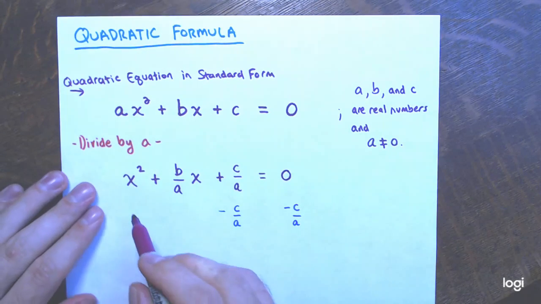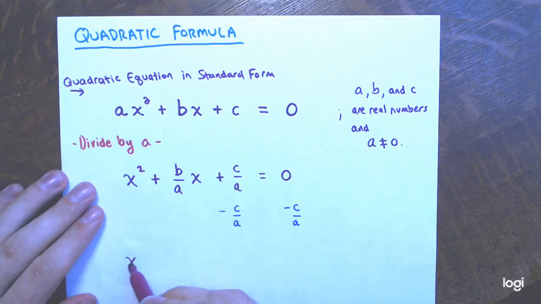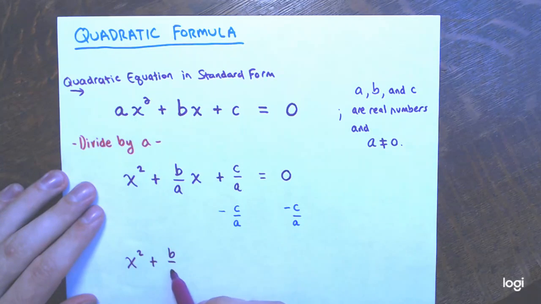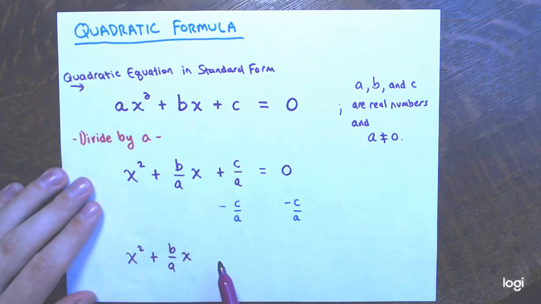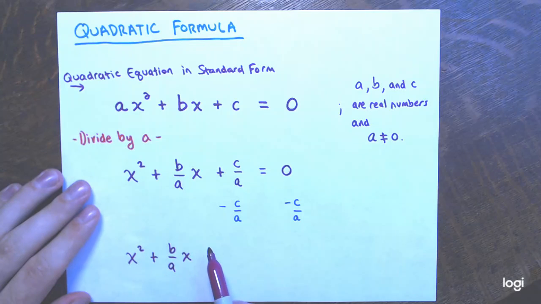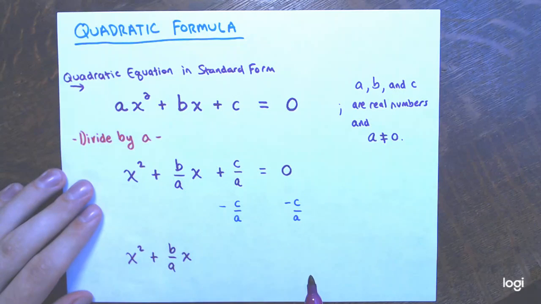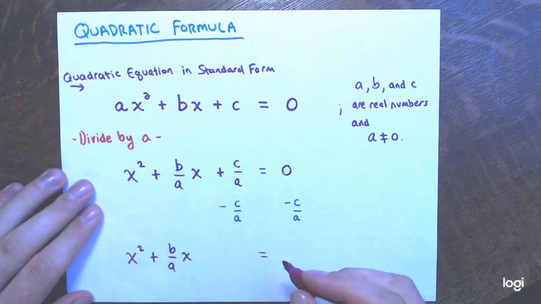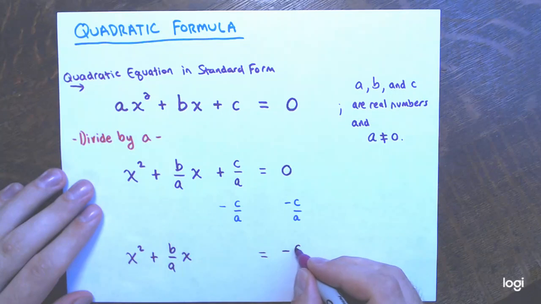Now on the left side I have x squared plus b over a times x to the first. And because I'm going to be completing the square, I'm going to leave a little space for the expression. We're going to add a term to this so that I have a perfect square trinomial, 3 terms that can be written as a perfect square. So I'm going to leave a little space, and then 0 minus c over a will just be negative c over a.